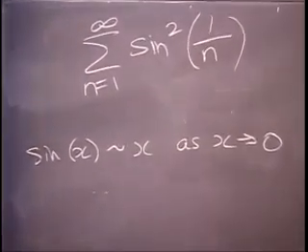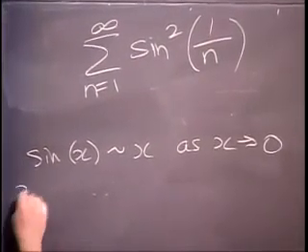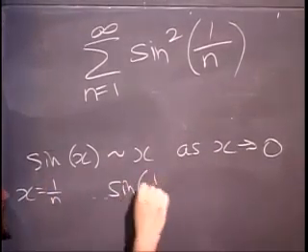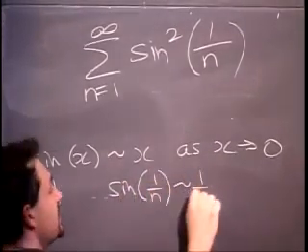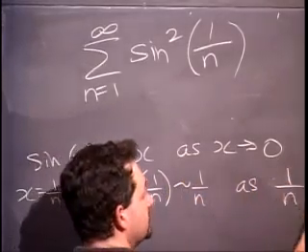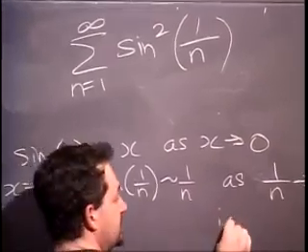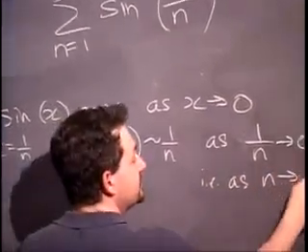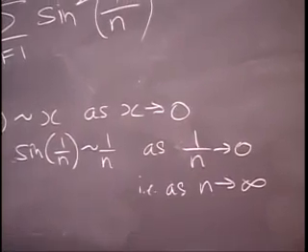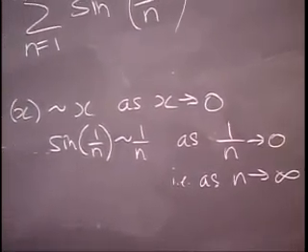So that's a classic thing. Again, we did this for improper integrals. If we let x equals 1 over n, then sine 1 over n twiddles 1 over n as 1 over n goes to 0, i.e., as n goes to infinity, or even minus infinity. So, sine 1 over n behaves like 1 over n.